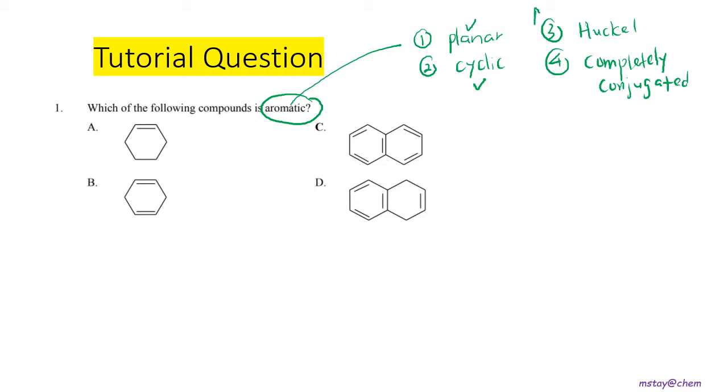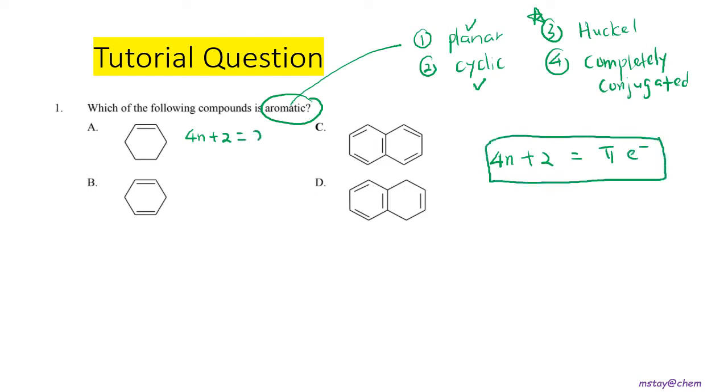So now we focus on Hückel's rule, where we need to use the formula 4n plus 2 equal to the number of pi electrons. A has 2 pi electrons, so n is equal to 2 minus 2 over 4, so it is not an integer. For B, 4n plus 2 equal to 4, so n equals 4 minus 2 divided by 4, which is 2 over 4, which is 1 over 2, so B is also not the answer.